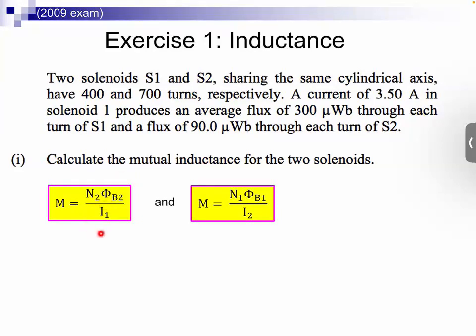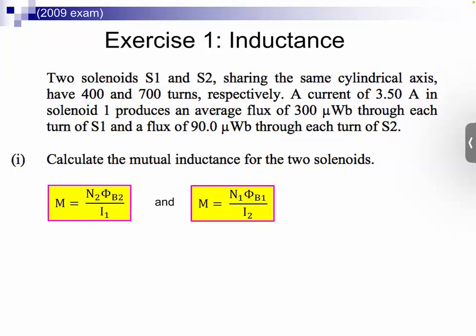So you have a current in solenoid 1. The current will create a magnetic field which will pass through solenoid 2. So each turn in solenoid 2 will have this number of magnetic field lines defined by the flux. Likewise, the current in solenoid 2 will create a magnetic field, and the magnetic field will cross each of the turns in solenoid 1 according to this magnetic flux through solenoid 1.